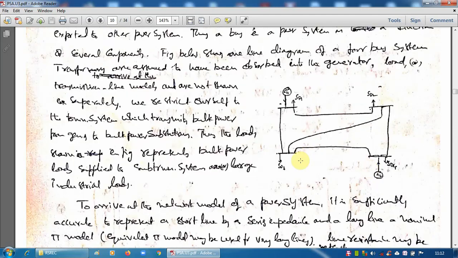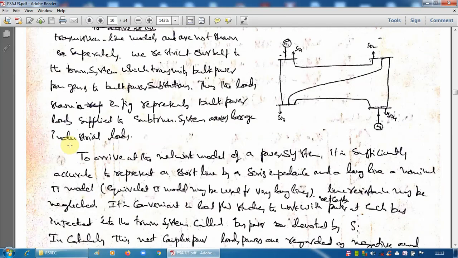To get the model, first of all, as I said in the previous discussion, to arrive at the network model of a power system, this is the given network that is to be modeled in a suitable form for load flow solution. To arrive at that suitable form, it is sufficiently accurate to represent a short line by series impedance and a long line by nominal pi model.